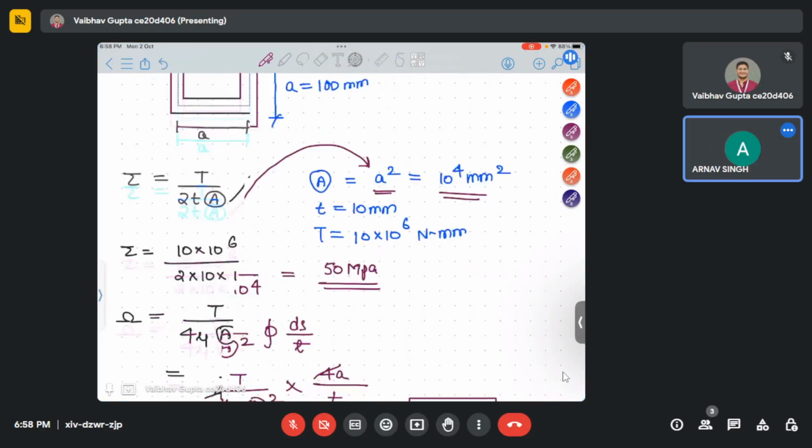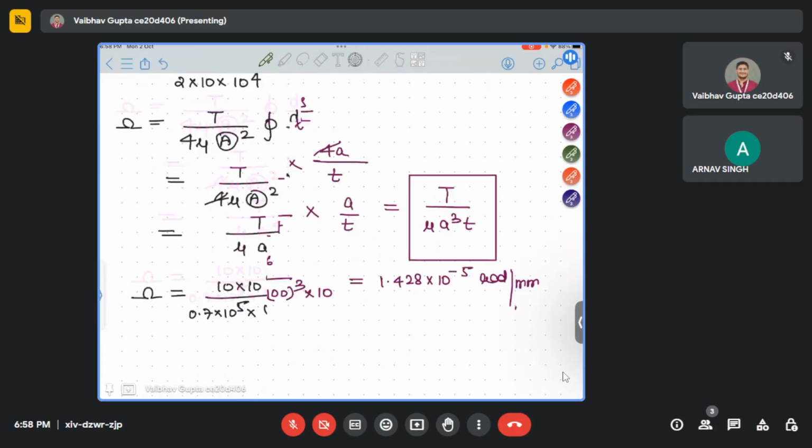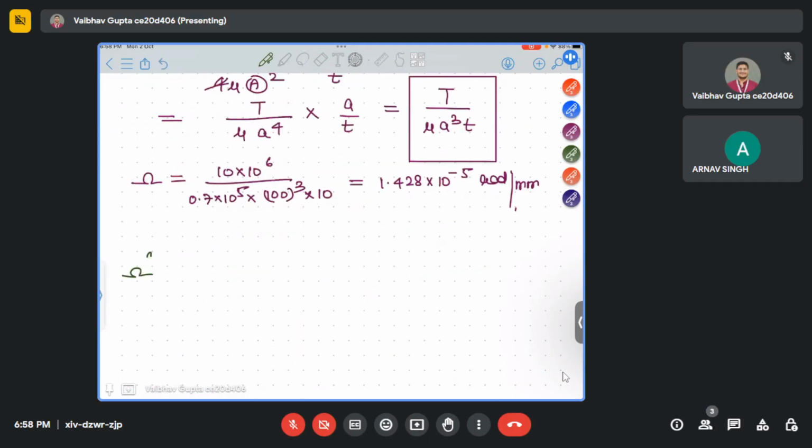Same thing. Now here also we'll introduce some slit. So what is the angle of twist per unit length for the slit? The same formula will be used: 3T upon mu w t cube.